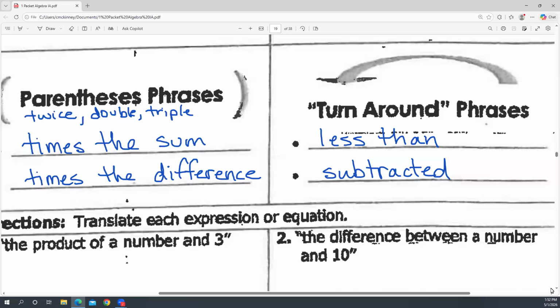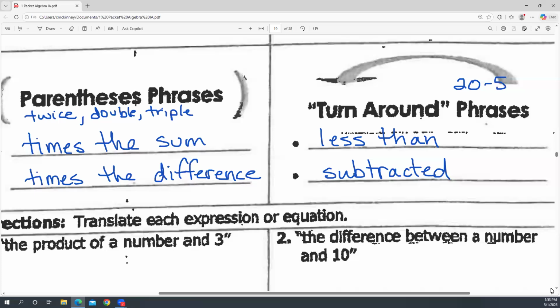So if you told me that you have $20 and I said, oh, I have 5 less than that, I have five less than you. Well, that would mean you would take the 5 away from your 20, not take the 20 away from my 5. I would write the 20 first minus 5.